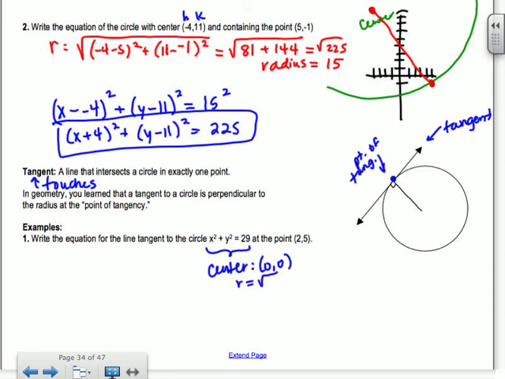And then your radius is the square root of 29, which is kind of hard to draw. So basically, I know I'm going to be centered at the origin. My circle is going to go around, and its radius is going to be square root of 29. Okay, (2, 5) is a point on the circle, and I'm going to be tangent to that point.